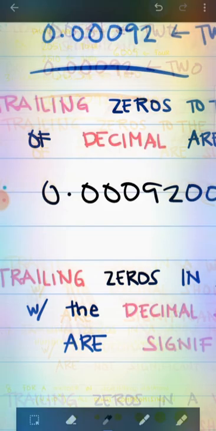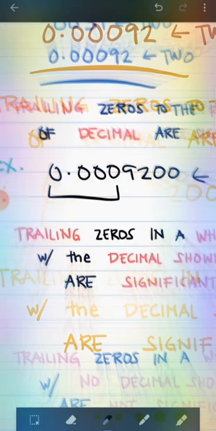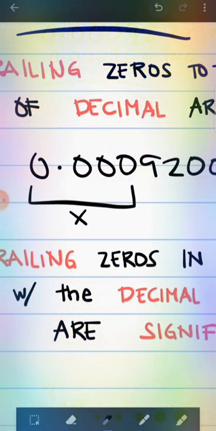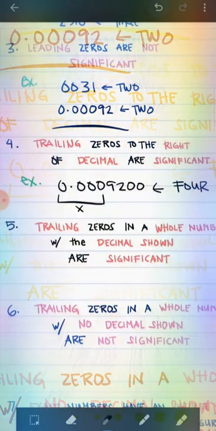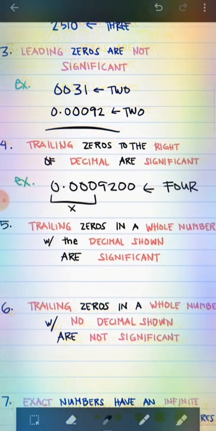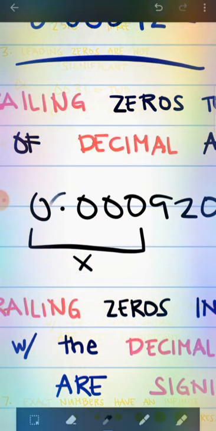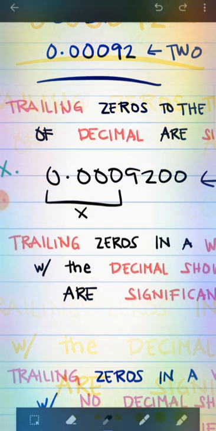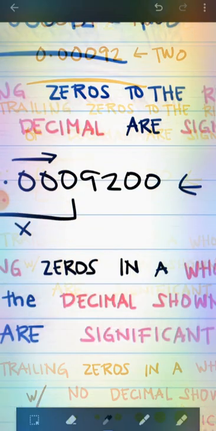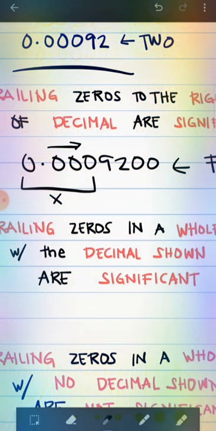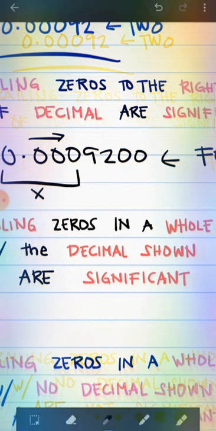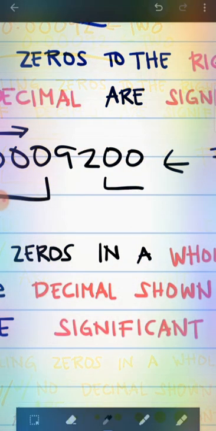As per rule number 3, these leading zeros are not significant. But by rule number 4, trailing zeros to the right of the decimal, so here's our decimal point, and then it is to the right of that. Trailing means after a number. So the only trailing zeros here are these 2 zeros.